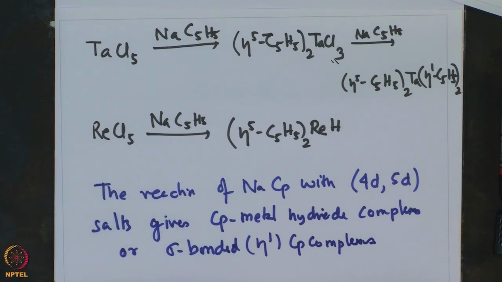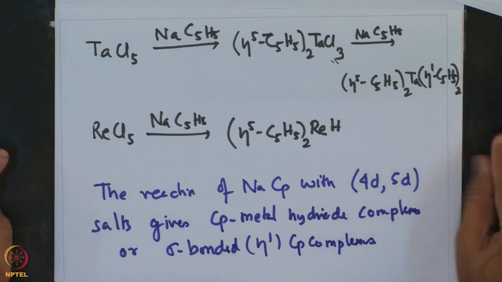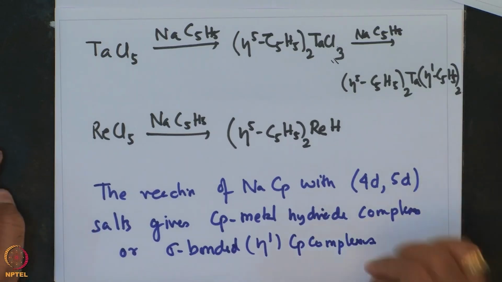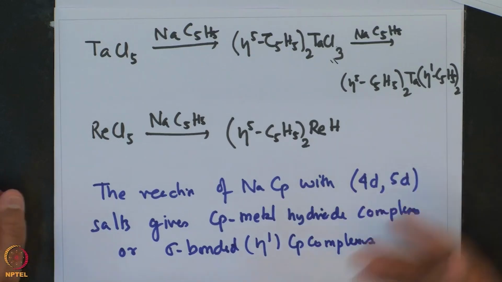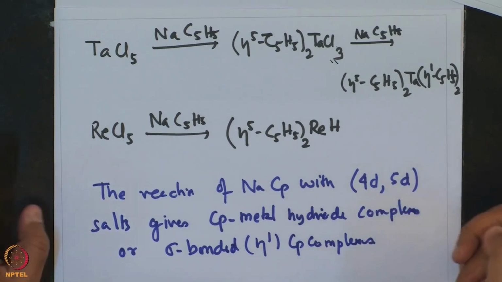So, these are two interesting aspects that came to the fore, that sodium Cp not only can act as a reducing agent, but also can give rise to formation of metal hydride as well as eta 1 bound Cp complexes, along with the reduction the sodium Cp performs for itself.